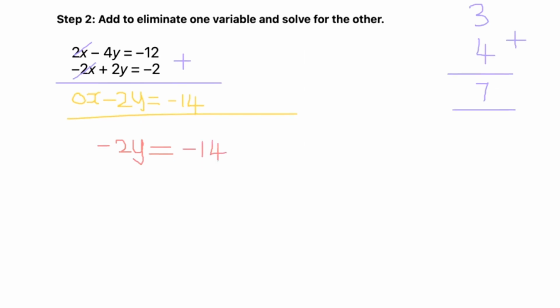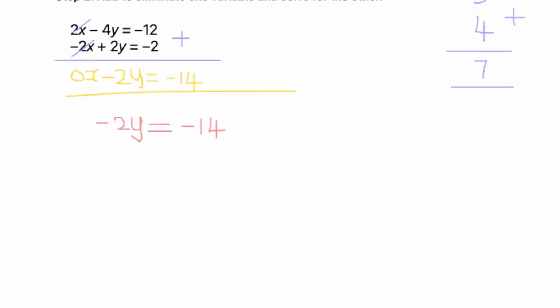Now using this, we have to simplify for y. Now we know that minus 2y is equal to minus 14. We can divide by minus 2. So for that, we divide both sides by minus 2.